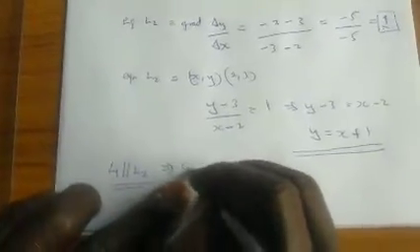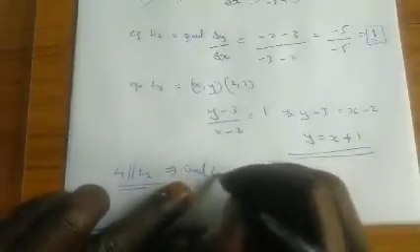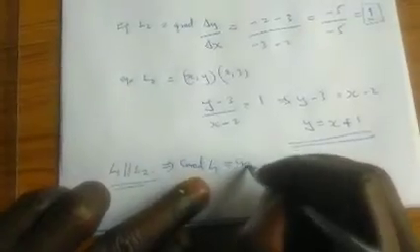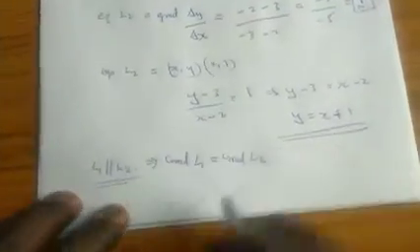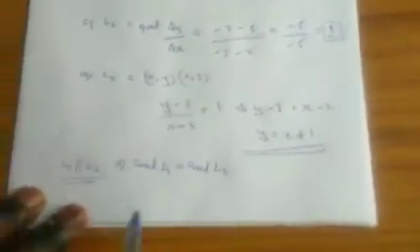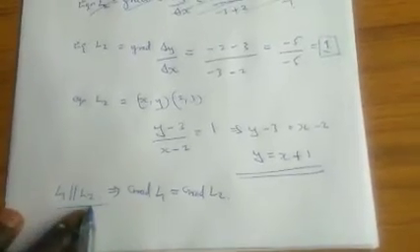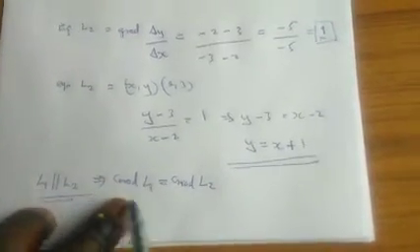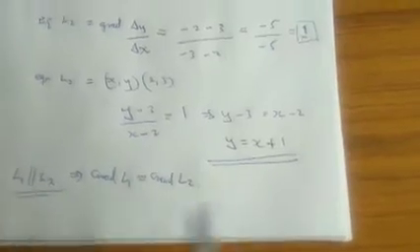If you draw these lines on the Cartesian plane, you realize that these lines will be parallel, they will never meet. Therefore, if two lines are parallel, then their gradients are the same. So if line 1 is parallel to line 2, that implies that the gradient of L1 is equal to the gradient of L2.